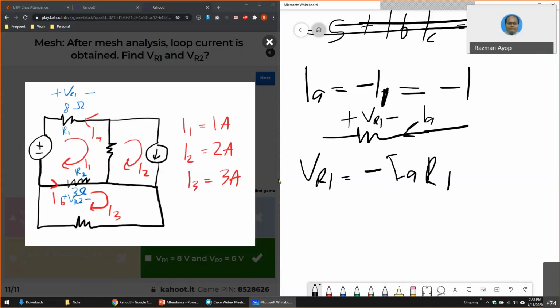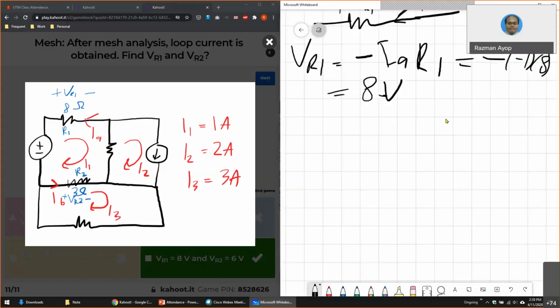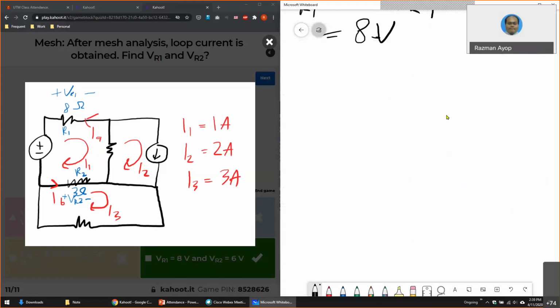Because for a resistor, if the current enters the positive side, it is positive. If it enters the negative side, you have to add a negative. So be careful. IA is negative 1, times 8, so VR1 is 8 volt.